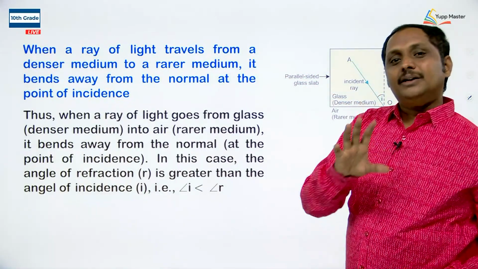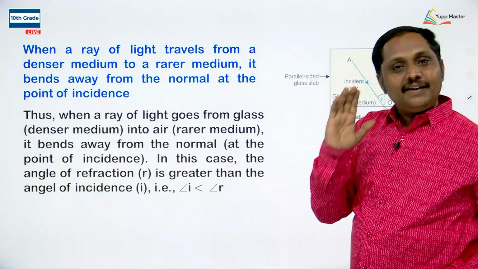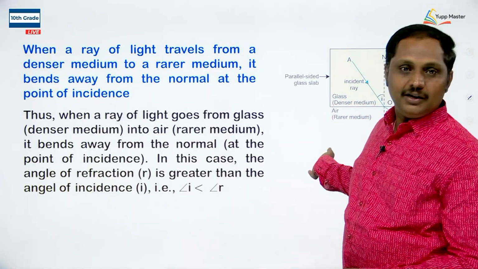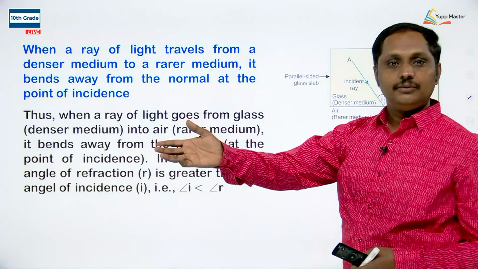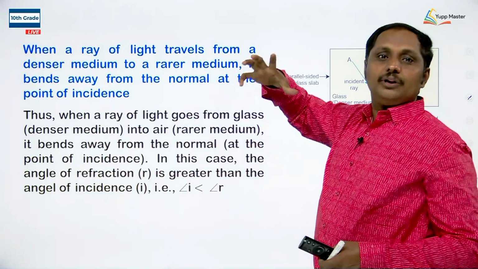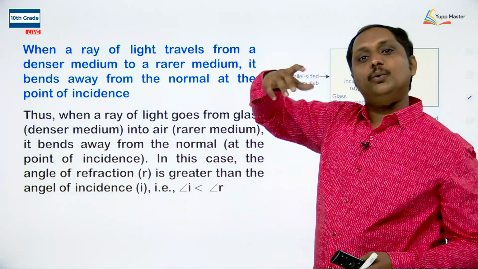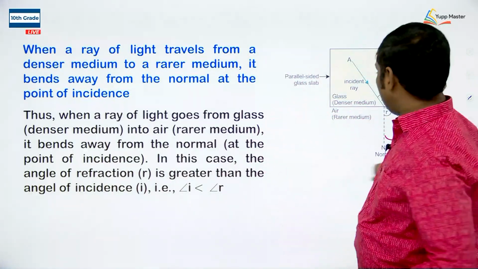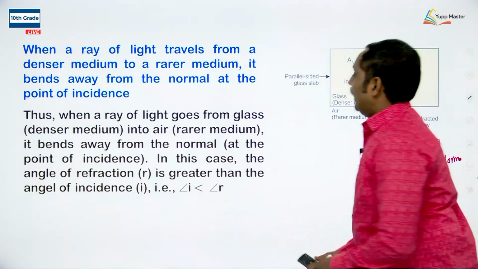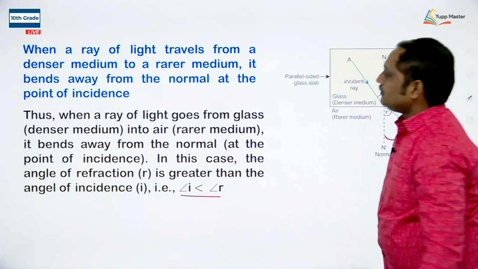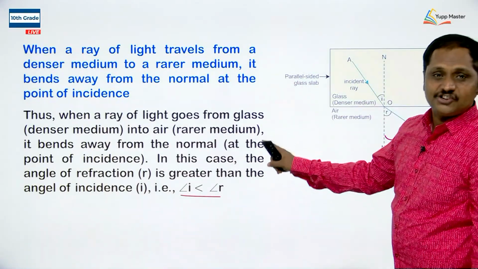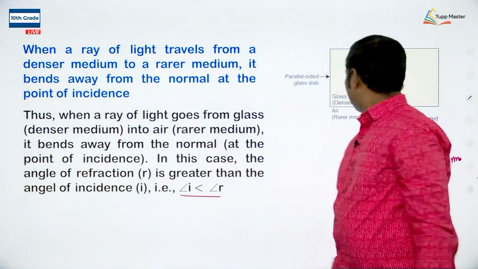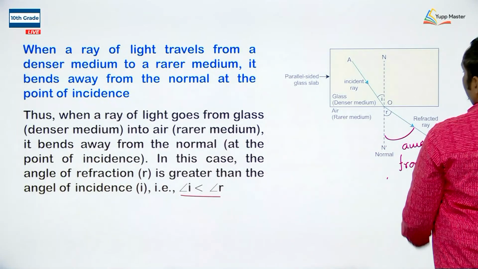The light rays move away from the normal, so the bending of light rays is more with respect to the normal, showing that the angle of refraction is more. So, the angle of refraction R is greater than the angle of incidence I. It was observed, very clear.